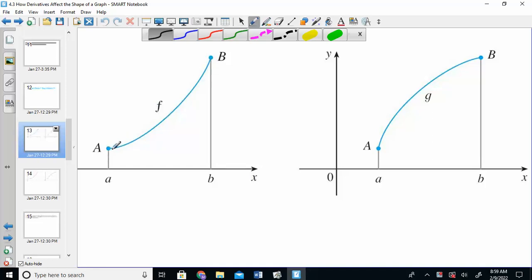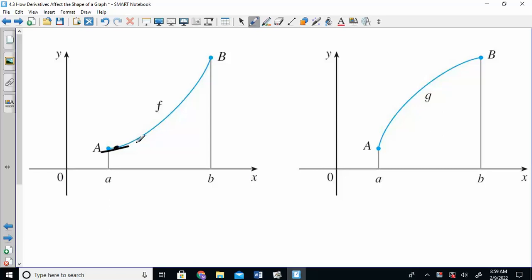Your first derivative is just looking at those tangent lines, and every one of those has a positive slope. If we then graphed that first derivative, this one would also have positive tangent lines. So the second derivative is positive as well.